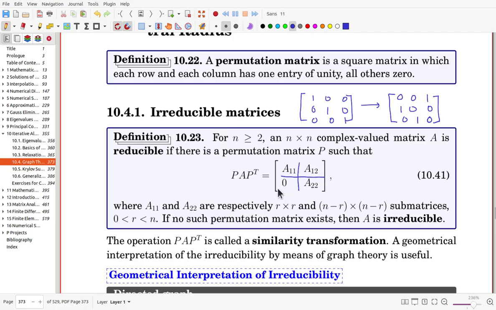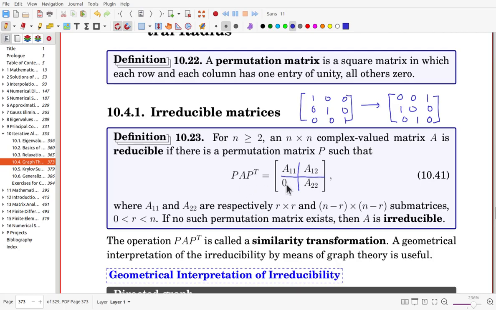It is related to reordering of the points. In general, in an algebraic system, a row corresponds to a point, and once you order the points in a different way, you get the matrix in a different form. That is exactly the same as such a similarity transformation for a certain permutation matrix.